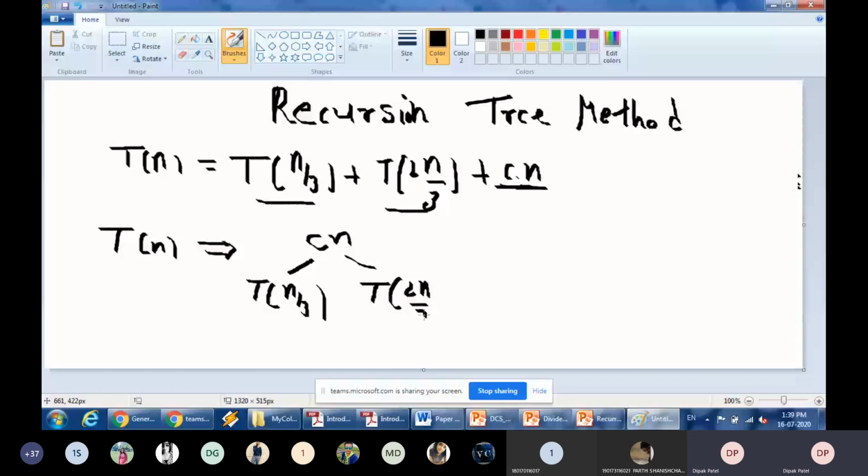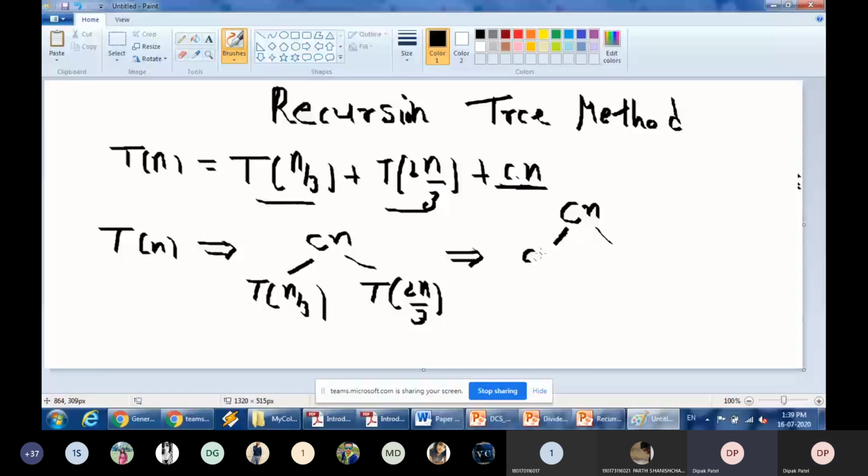So again, write down the replacement of these two recurrences. So it's Cn, then for T(n/3), for Tn it was Cn and two recurrence relations. So for T(n/3), what can be the equation? It's C n by 3 and there will be two recurrences.